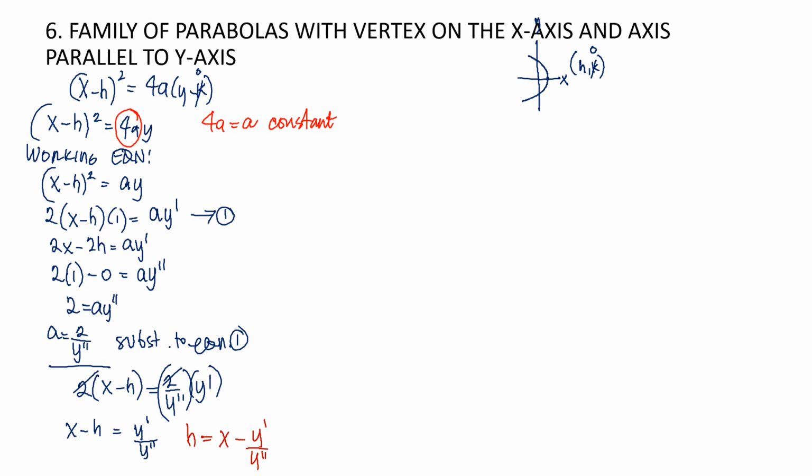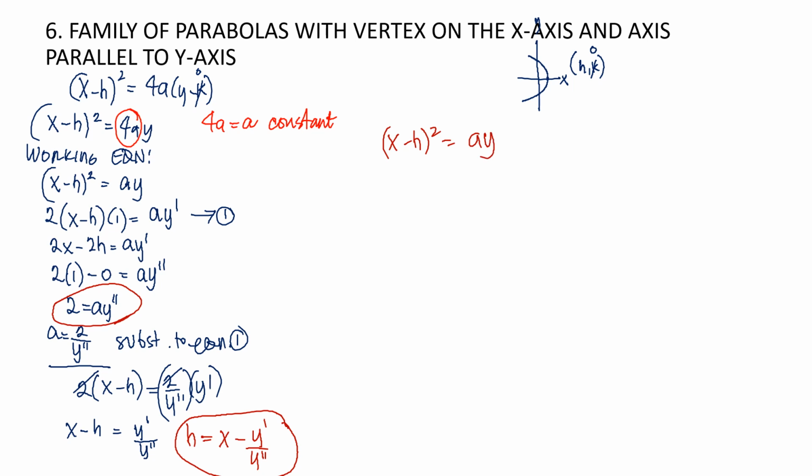So we already differentiated twice, but still, our equations have a constant, which is h. And since we now have a value for our h, we can substitute these to our working equation, which is x minus h squared is equals to ay.